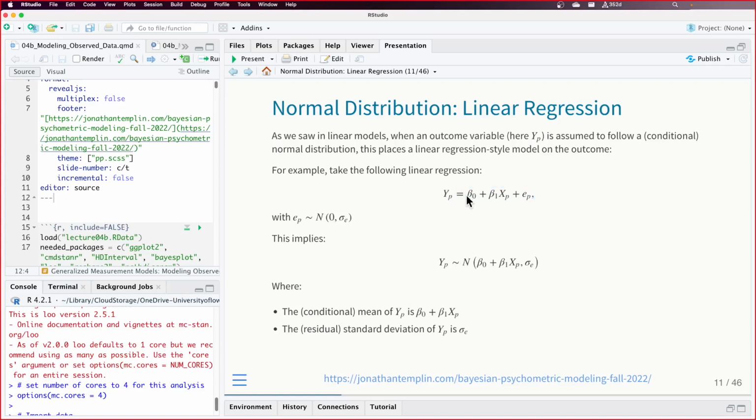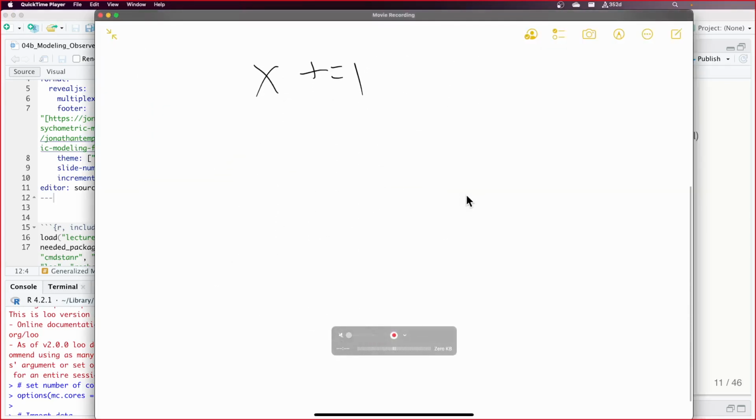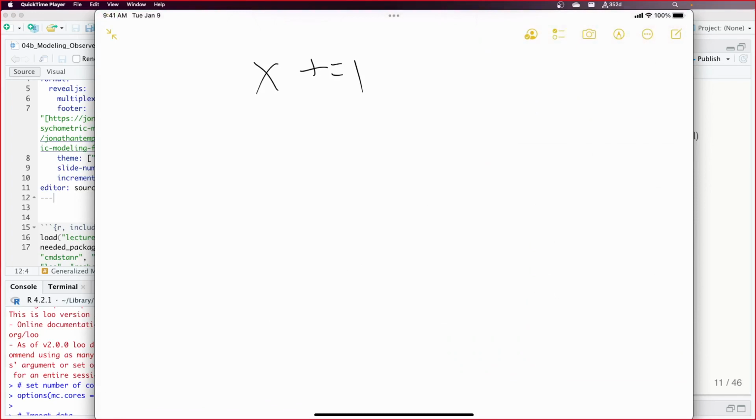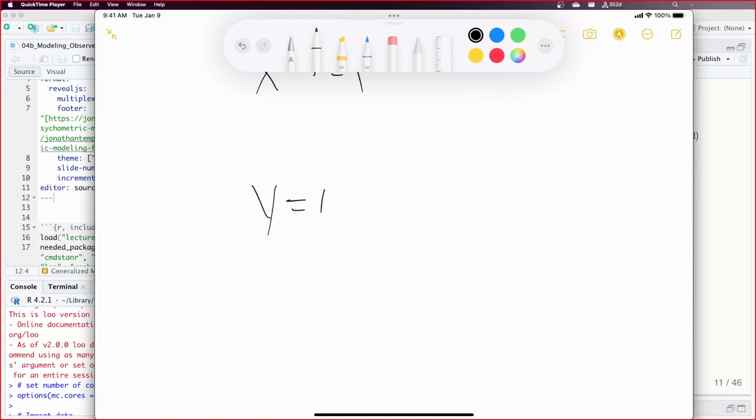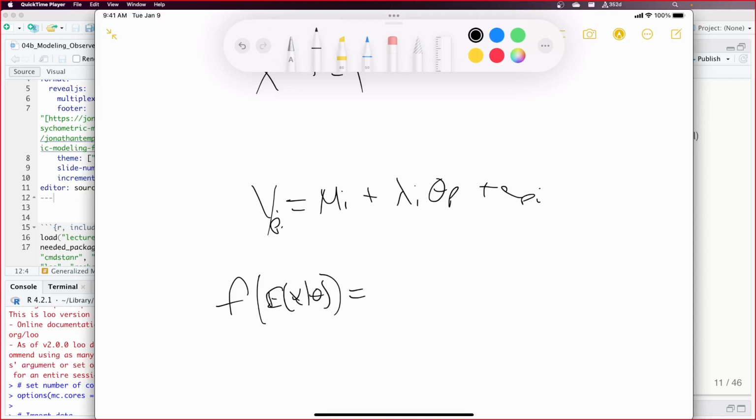Okay, so for each of these, when we say y equals mu I plus lambda I theta p plus e for person and item, what we're saying here is the function of the expected value of y given theta is just equal to 1 times that expected value of y given theta.